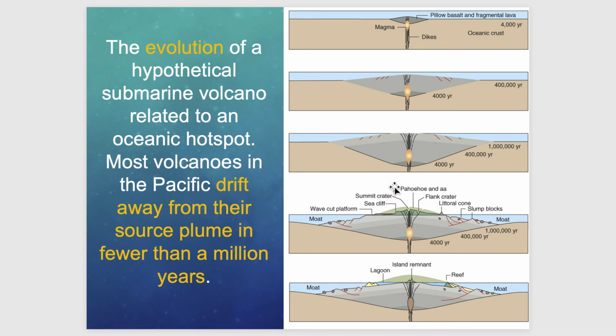So the famous pahoehoe lava and aa lava, and then you have flank cratering, cinder cones, and other forms that are illustrated here, including slump blocking and also slump structures and folds as well.